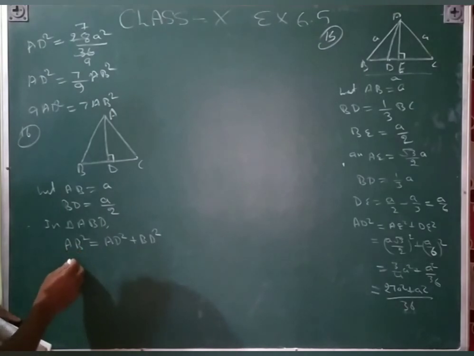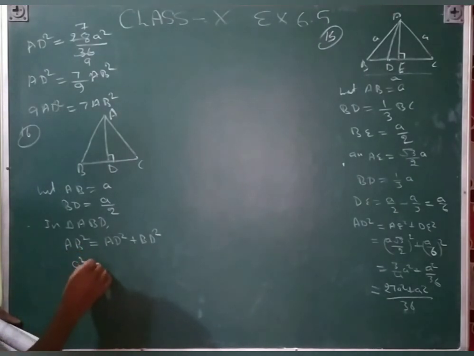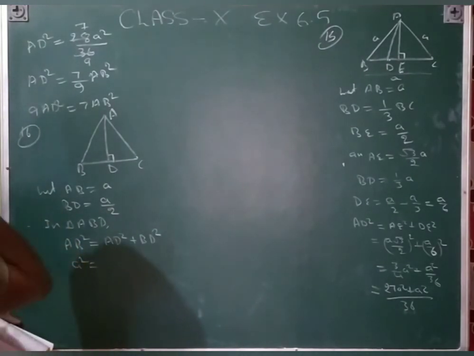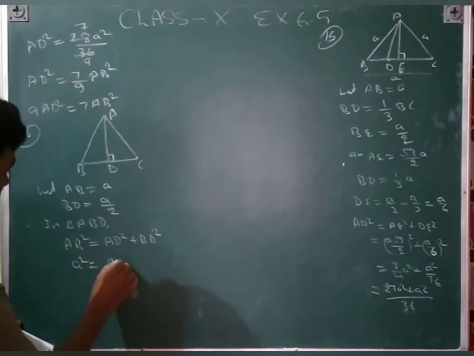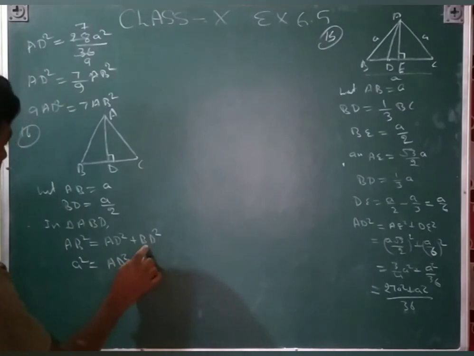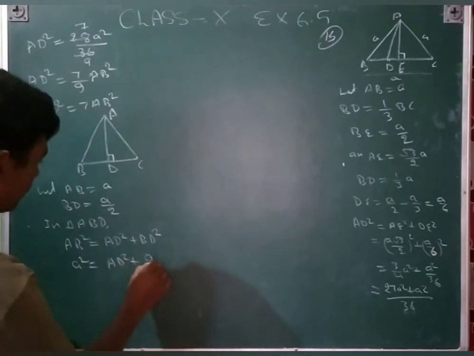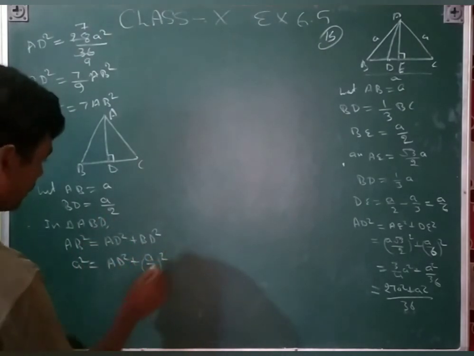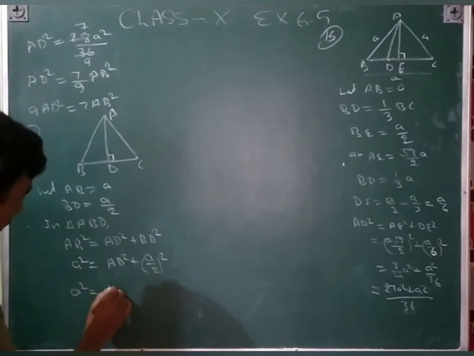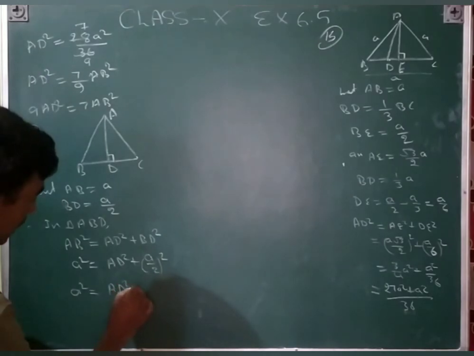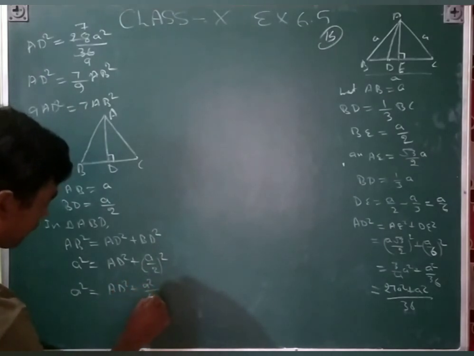So A square is equal to AD square plus A upon 2 square, which is AD square plus A square upon 4.